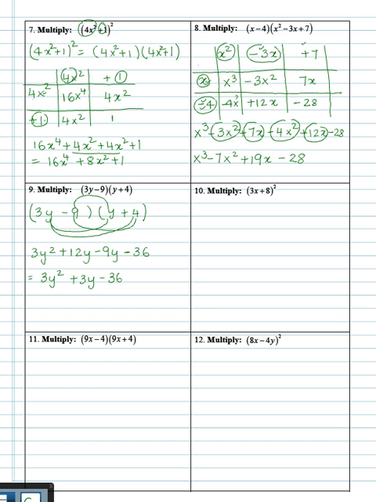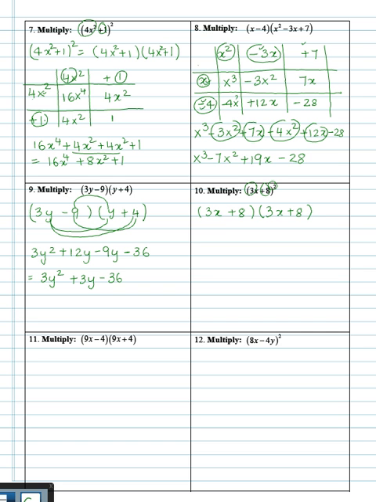Moving on to problem 10, it's a square, and it doesn't mean square the first term and square the second term. It means 3x plus 8 times 3x plus 8.